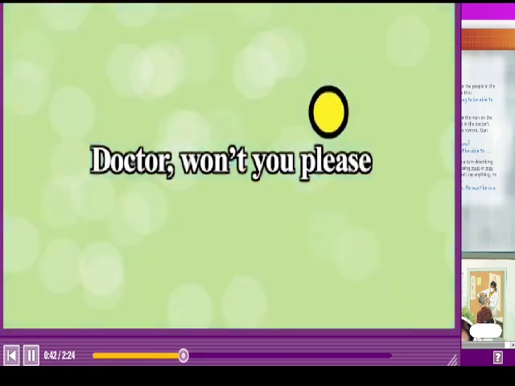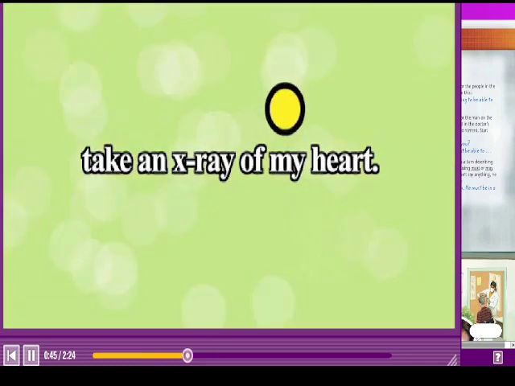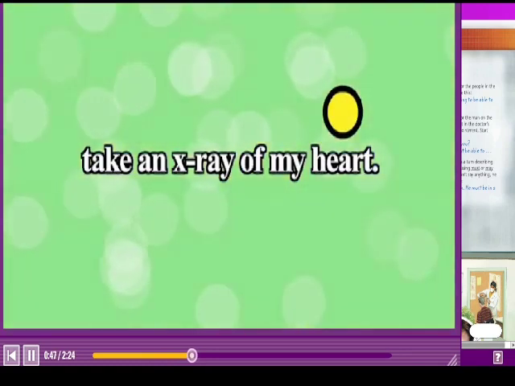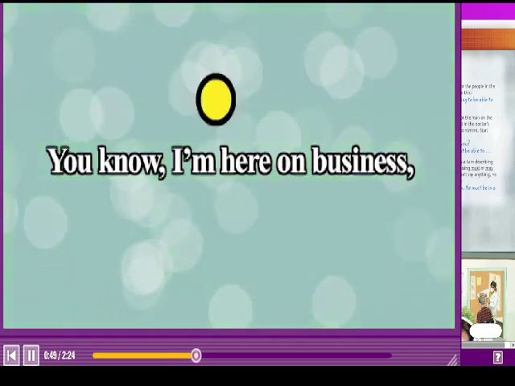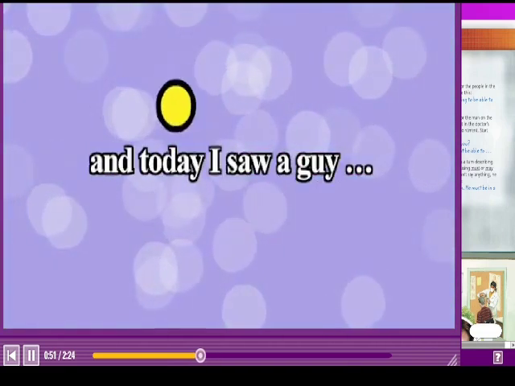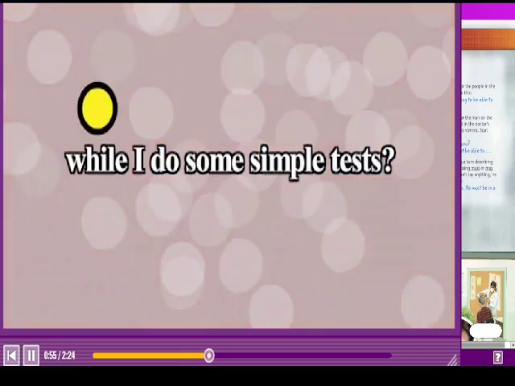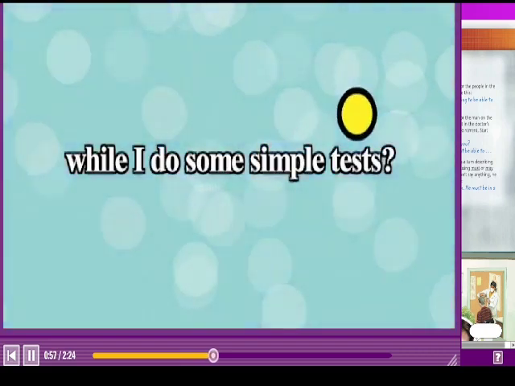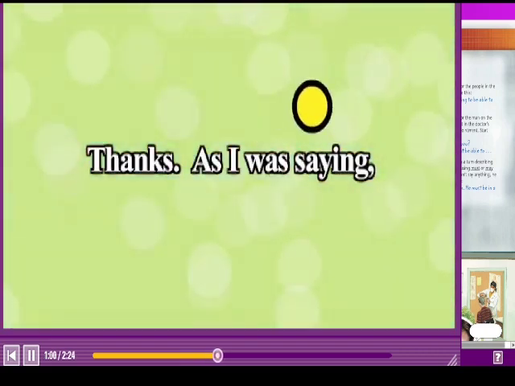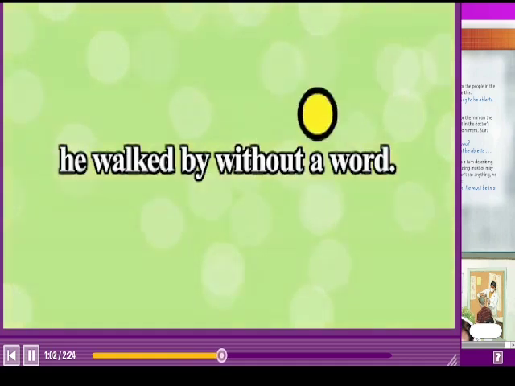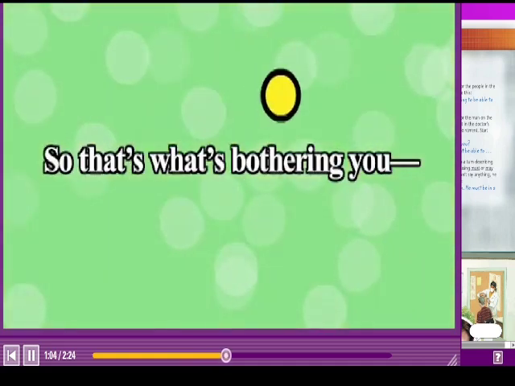Doctor, won't you please take an x-ray of my heart? You know I'm here on business, and today I saw a guy. Why don't you have a seat while I do some simple tests? Thanks, as I was saying, he walked by without a word. So that's what's bothering you.